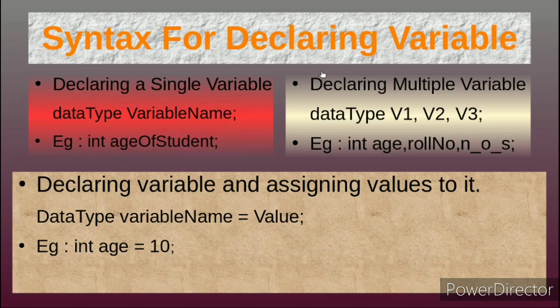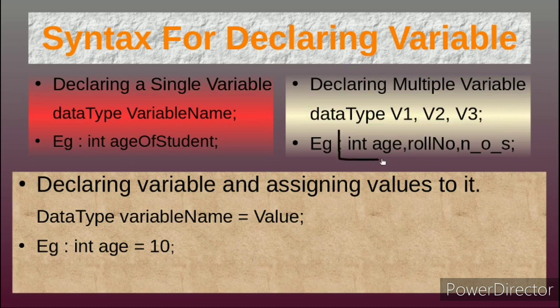Having said that, let us now look at how we can declare multiple variables. The syntax for declaring multiple variables is similar to that of declaring a single variable, except for the fact that we have commas, which are used to separate different variables.